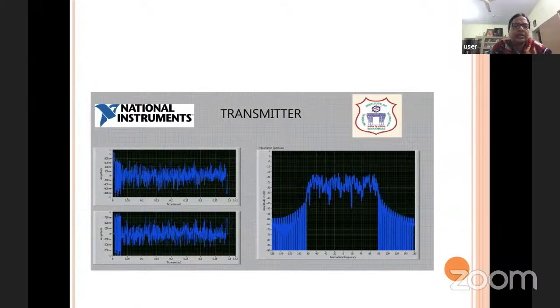In this whole analysis, the baseband signals we have constructed in LabVIEW, and then it is ported onto the USRP. From USRP, it goes to the channel, goes to the air. From the air, we start decoding the signals.